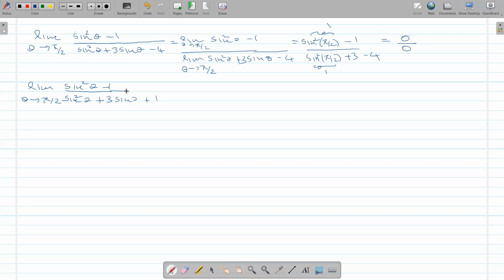Okay, here we have this. In the numerator, limit, here, this one is like a squared minus b squared.